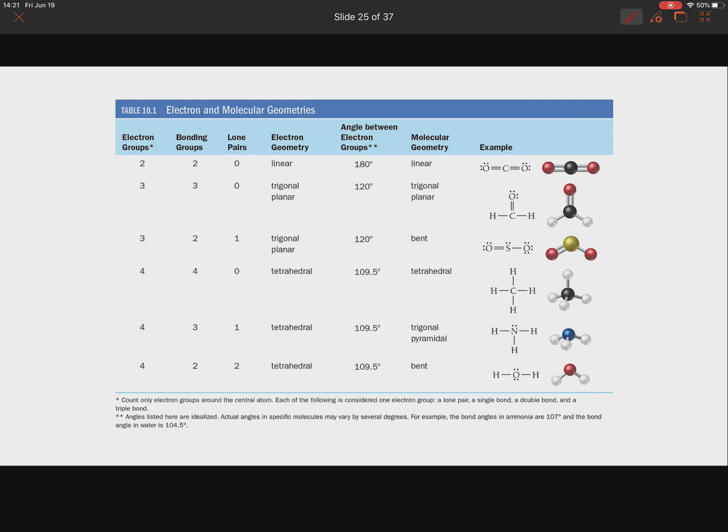Well, for water, you only look at the electrons, then you get the electronic geometry, and you get that it's tetrahedral. If you look at the arrangement of the atoms, we see that it's bent.